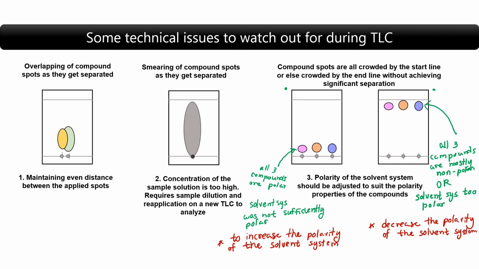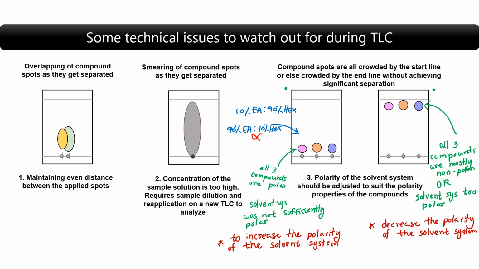Now let's say that this solvent system that led to this result had 10% ethyl acetate and 90% hexane. And you would feel like, oh, to increase the polarity, I would make this 90% ethyl acetate and 10% hexane. But this is not a good solution because this dramatically increases the polarity of the solvent system instead of introducing a gradual change.